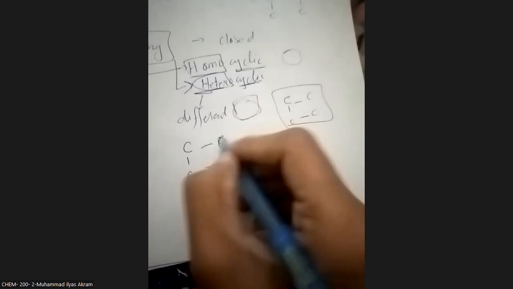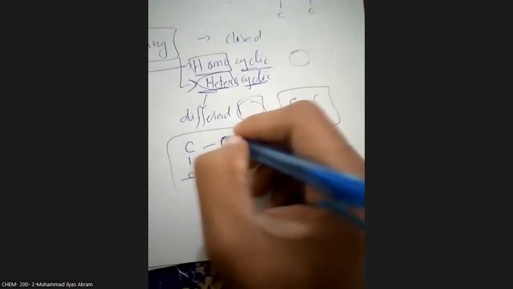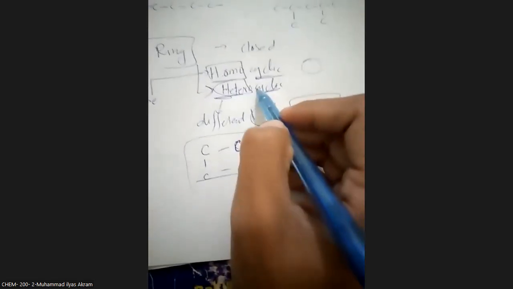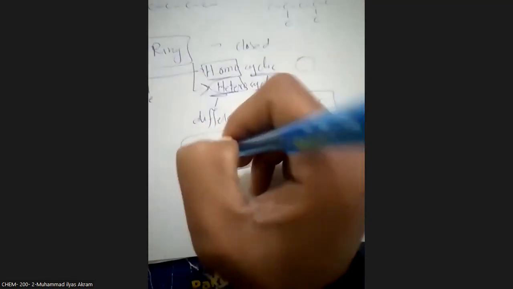They may be in the form of a closed ring, but the atoms may be different, such as carbon, carbon, oxygen, carbon, where one of the elements in the ring is different. So homocyclics are those that have the same atoms in a cyclic compound, and heterocyclics are those that contain different types of atoms in the cyclic compound.